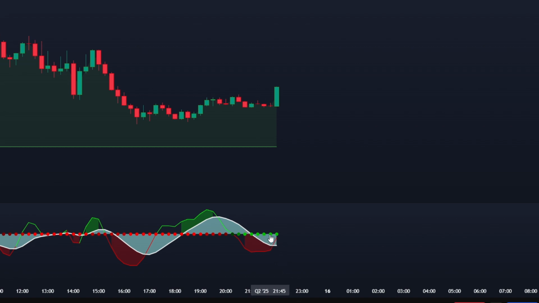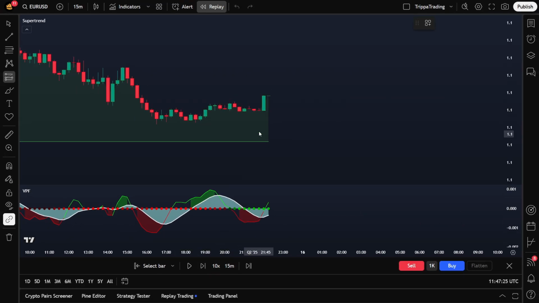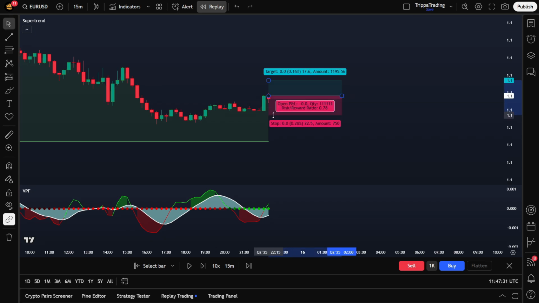We need confirmations. First, check the momentum dots on the center line. They've turned green, confirming strong upside momentum. Next, we look at the super trend. And yes, it's green too, confirming that the overall trend is bullish. So all three conditions are met. Bullish crossover, green momentum dots, and a green super trend.